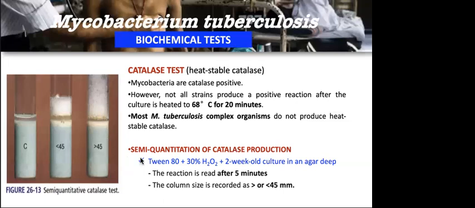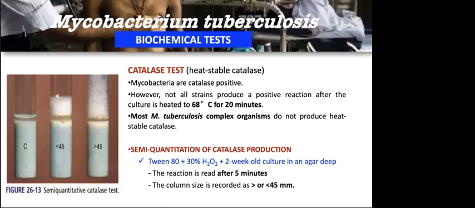So Tween 80, what we usually use here is Tween 80 plus 30% H2O2, while what we use for your routine catalase test is just 3%. So Tween 80 plus 30% H2O2 plus a 2-week-old culture. You can observe the reaction after 5 minutes.